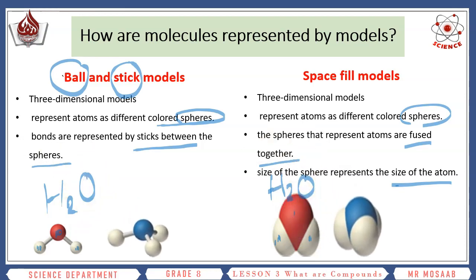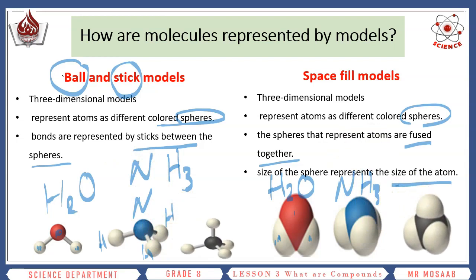Also here ammonia, one nitrogen atom and three hydrogen atoms, so it is called NH3. Also here it is the same, NH3. So these models represent the difference. It is the same compound but represented in different ways.